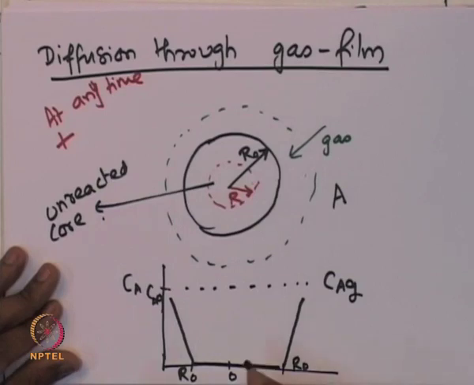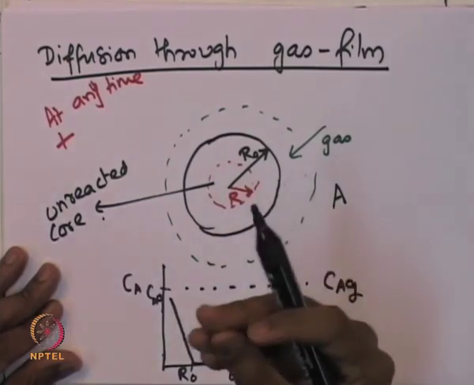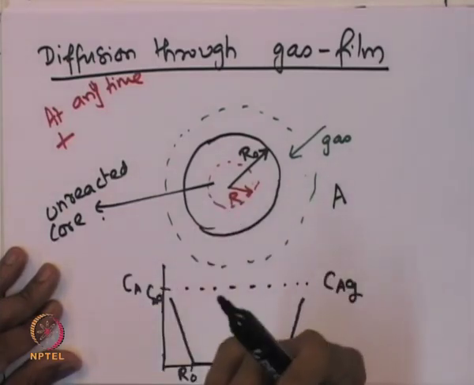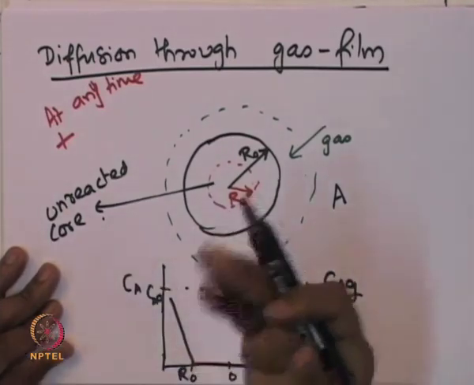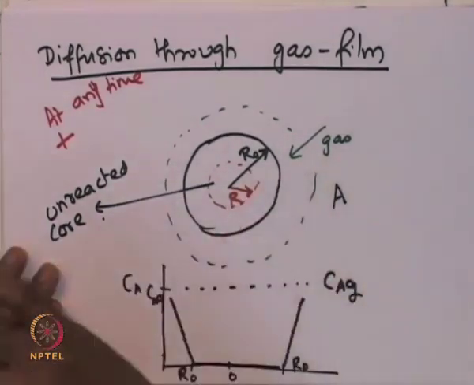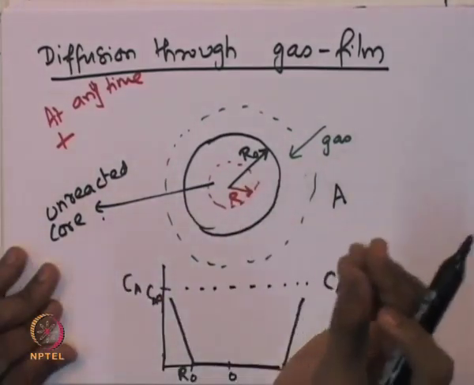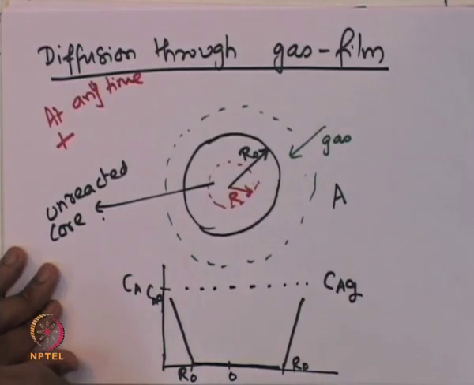This is because as soon as the gas species enters the core, the reactant A will be immediately consumed, because it is a very fast process compared to the rate of diffusion of species A to the surface. So, the concentration of the species inside the core is expected to be 0.